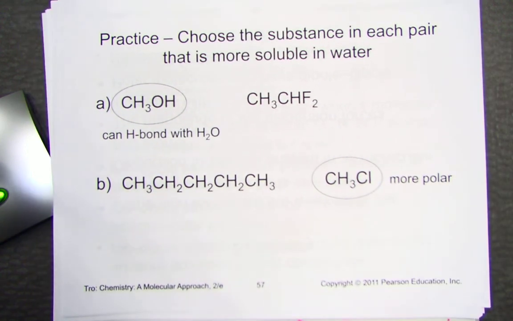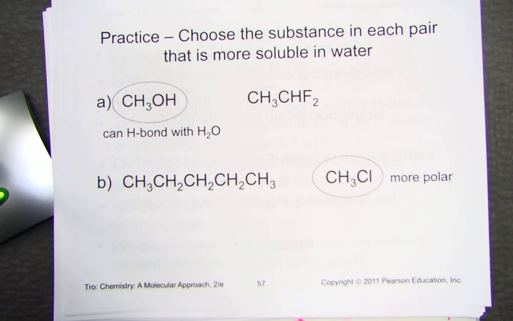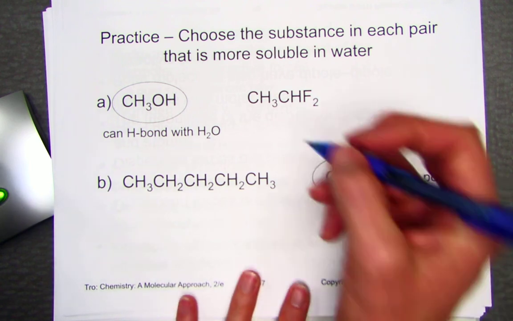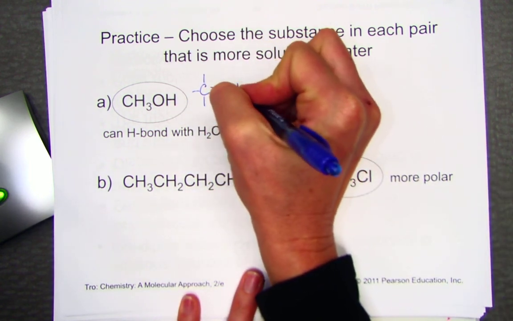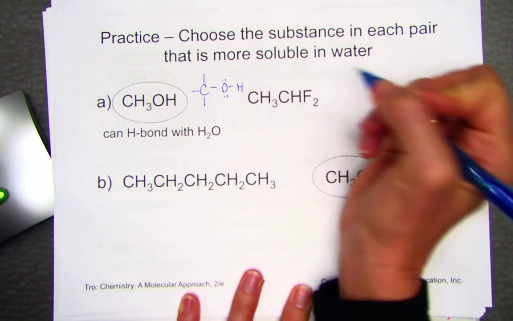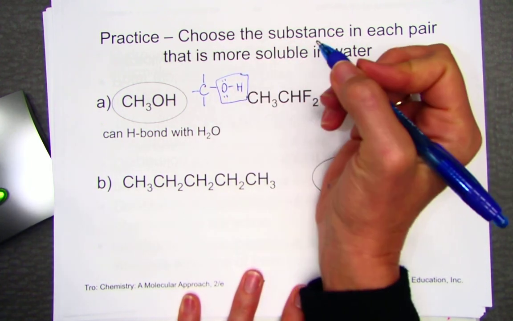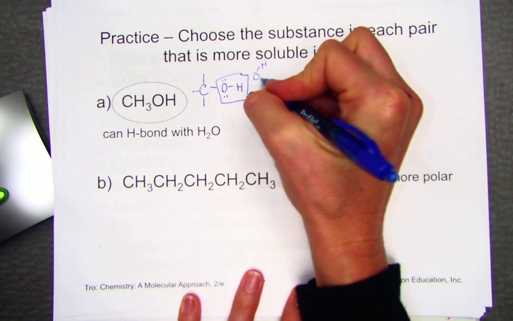Choose the substance in each pair that is more soluble in water. Water is polar. Let's find the polar molecule. When we think of methanol, CH3OH, here is a hydrogen bond that can attract to the water molecule.